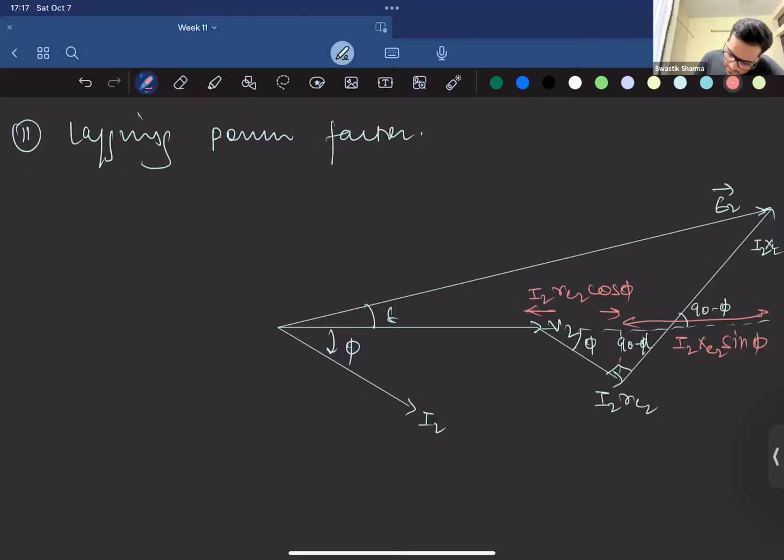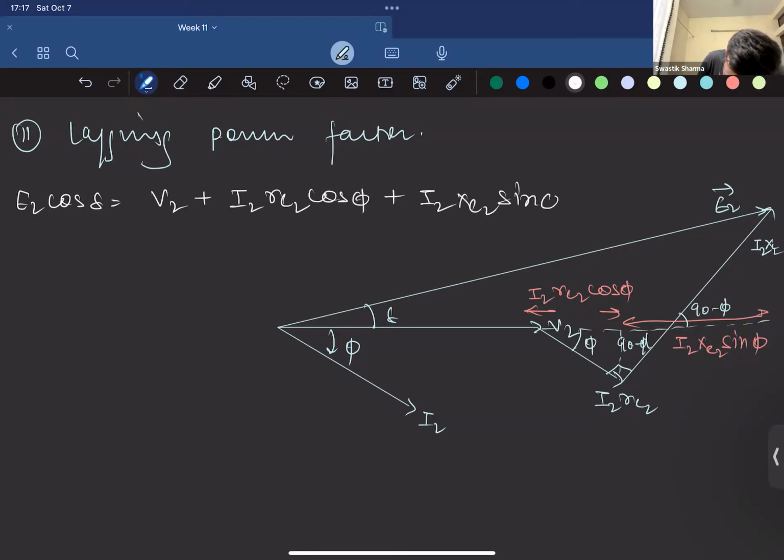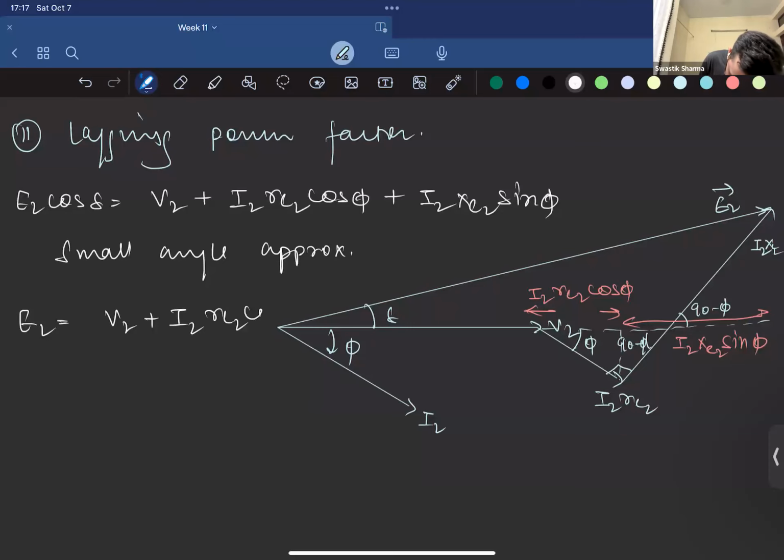Again, if I write E2 cos delta, it's nothing but V2 plus I2 RE2 cos phi plus I2 XE2 sine phi, right? Use small angle approximation. E2 will be V2 plus I2 RE2 cos phi plus I2 XE2 sine phi, right?